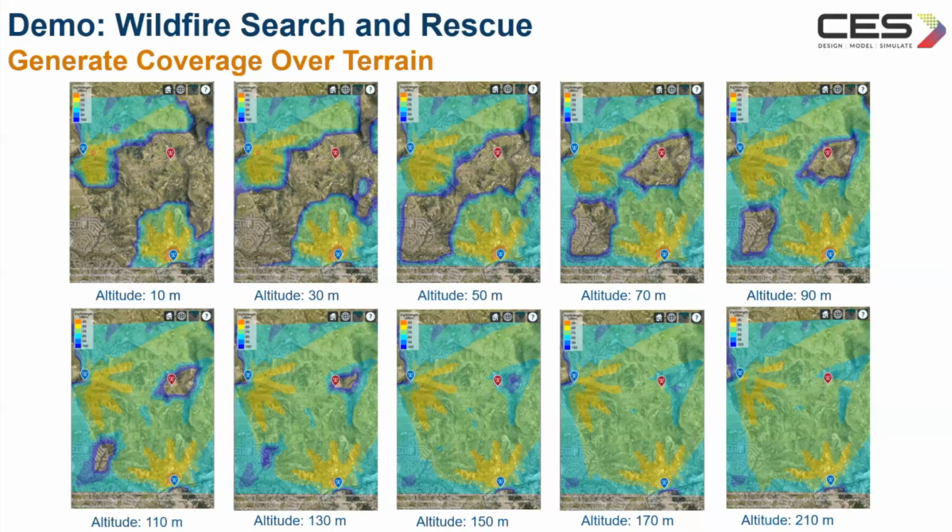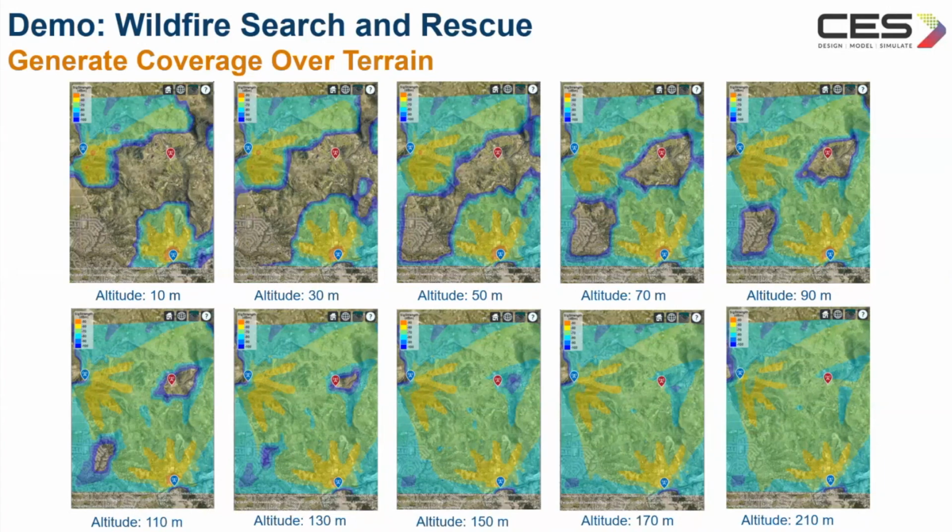Okay, so yes, exactly in this slide, I compiled different altitudes. It demonstrates how the communication coverage changes as the UAV altitude increases over the complex terrain. Each image shows the predicted coverage map at a different altitude, ranging from 10 meters, which you can see in the first picture, to 210 meters.